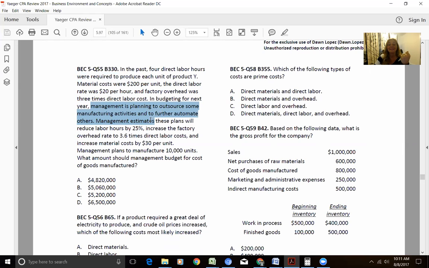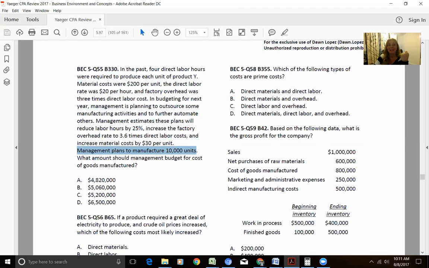Management estimates that these plans will reduce labor hours by 25%, increase the factory overhead rate to 3.6 times the direct labor costs, and increase material costs by $30 per unit. Management plans to manufacture 10,000 units. What amount should management budget for cost of goods manufactured?